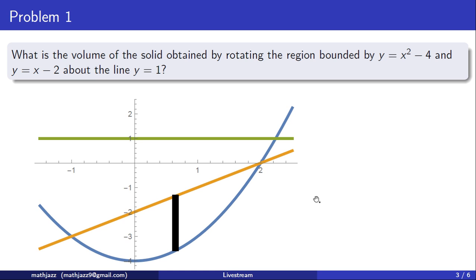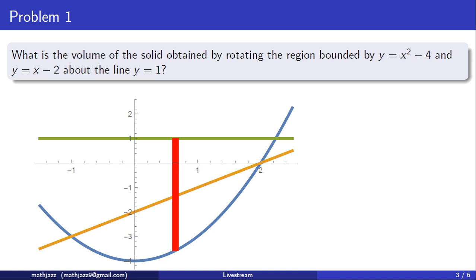But since we're using the washer method, what we actually have to do is find this red rectangle and set up an integral for it. This red rectangle represents the region between the parabola and the axis of rotation being rotated around that axis.